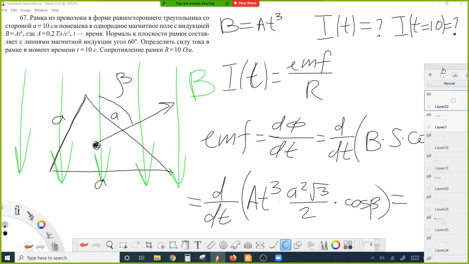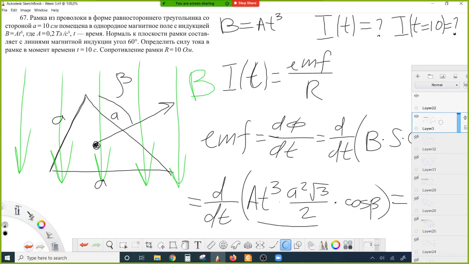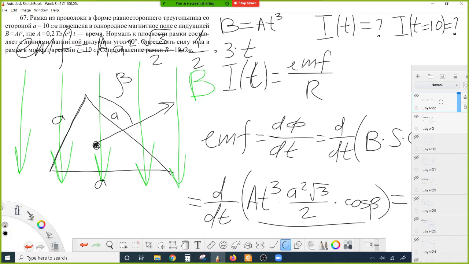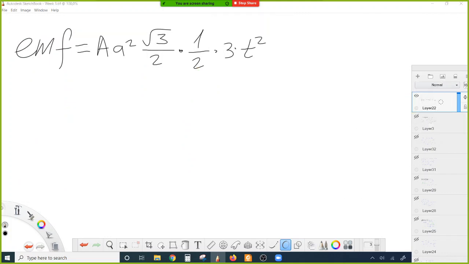If we derive this expression with respect to time, we get electromotive force, which is equal to a squared square root of 3 over 2 multiplied by cosine beta, where cosine of 60 degree is 1 over 2, multiplied by 3 t squared.